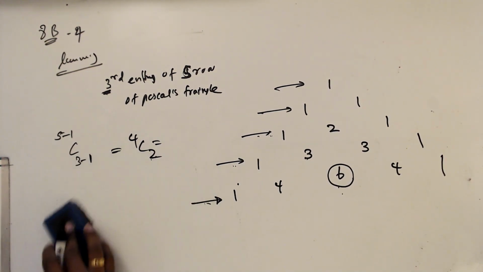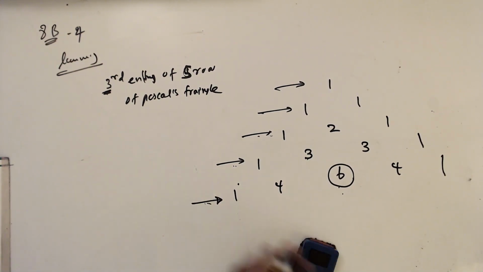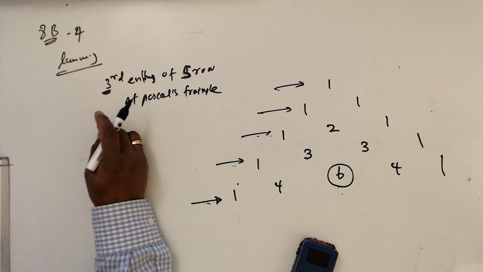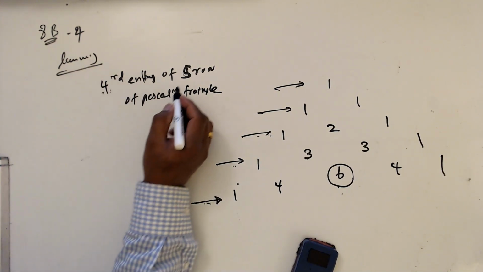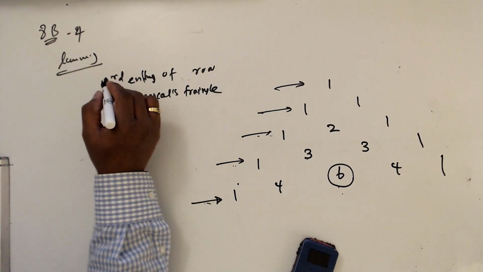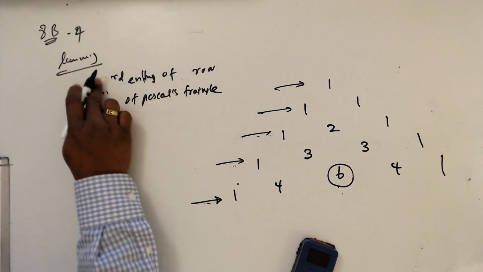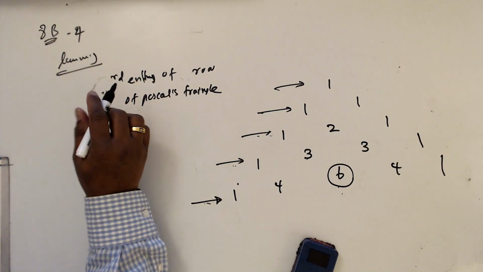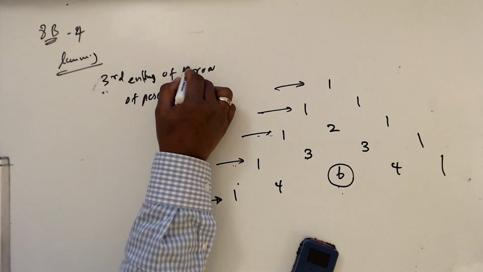Another one. I want the third entry of the fourth row.